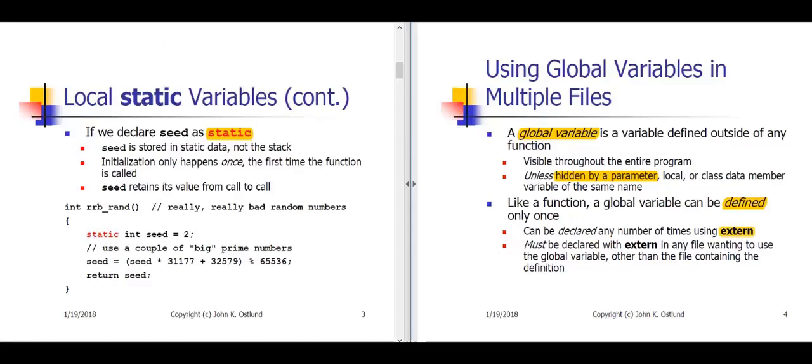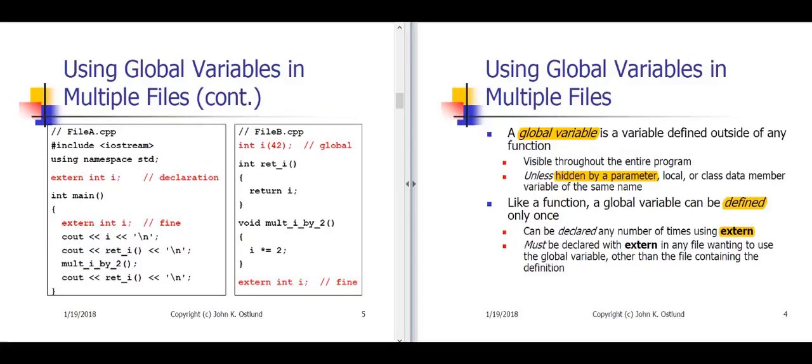And in fact, if you need to share access to a global variable between files, you must use the extern keyword in any file that's going to want to have access to that global variable.